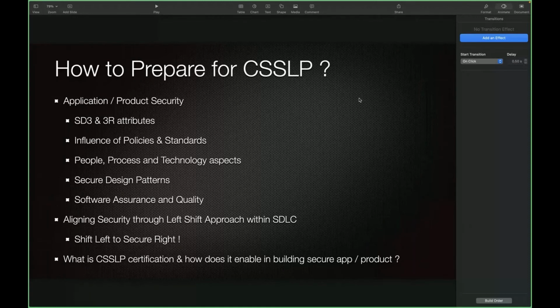And another most important pattern is psychological acceptability. See, usability versus security, there is always a tug of war, I would say, right? If you want to provide a seamless user experience to the end user of the application or software, it could result in a situation where you compromise the usability or the security aspect.